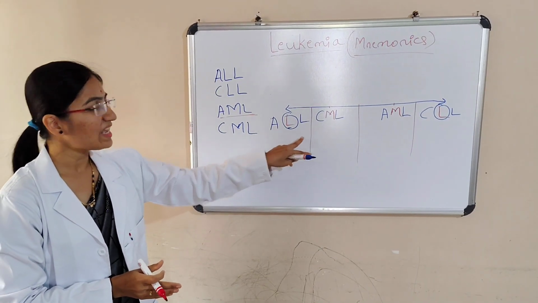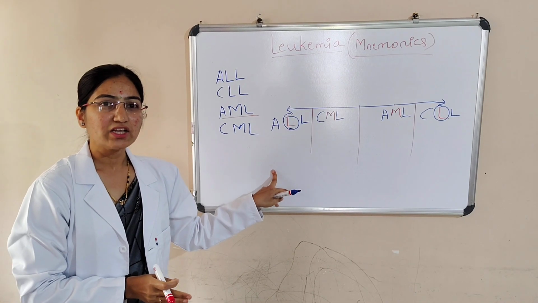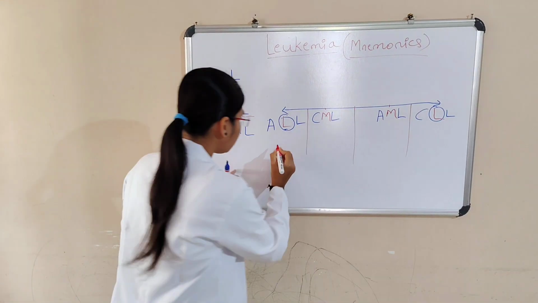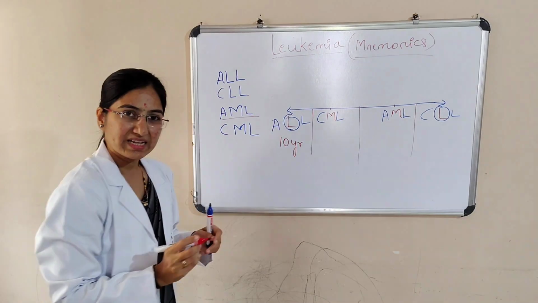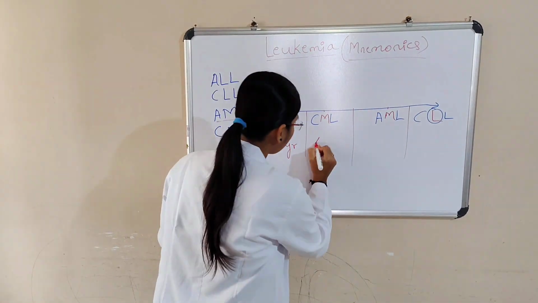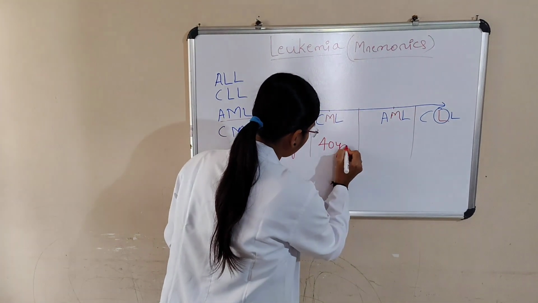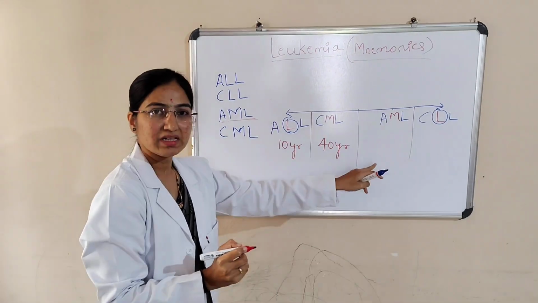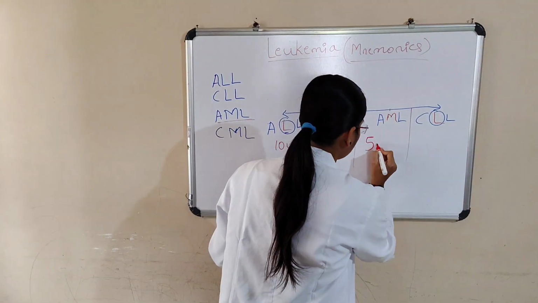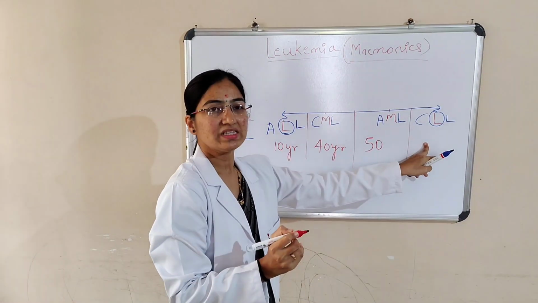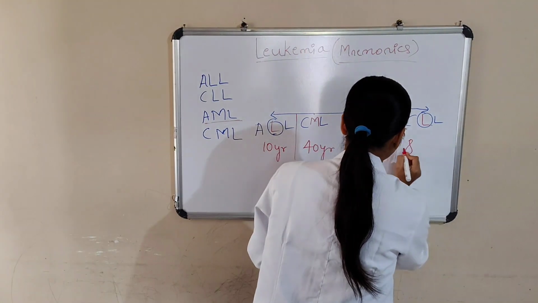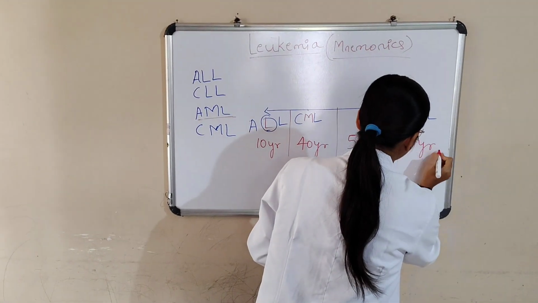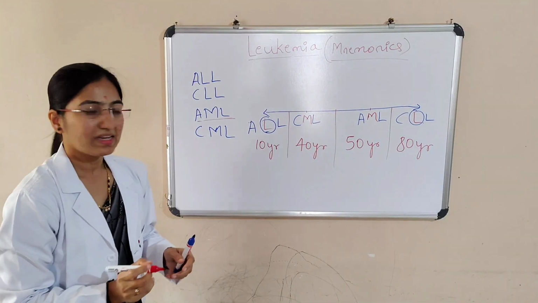Of course, ALL means it's an age of 10 years. This one 40 years, this one 50 years, and this one CLL is 80 years.